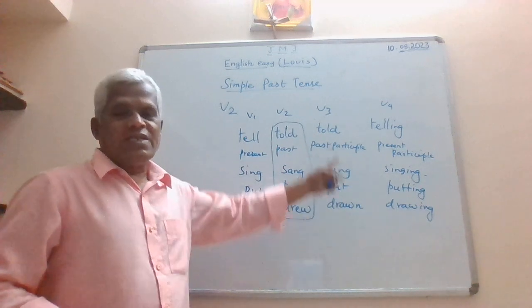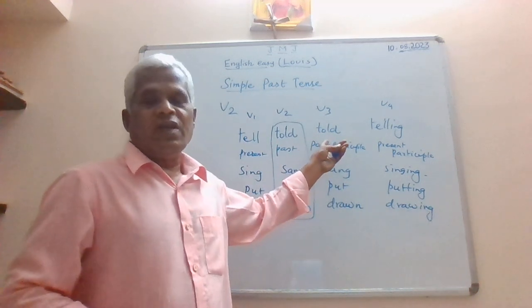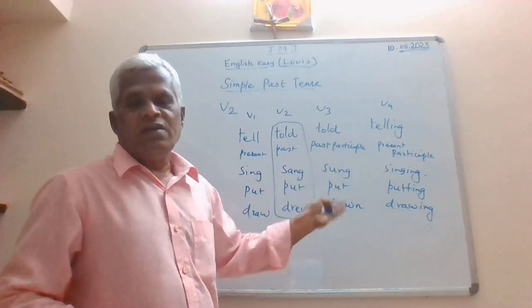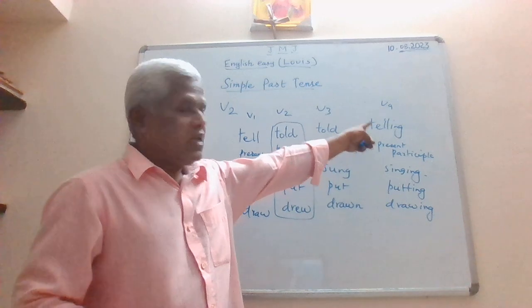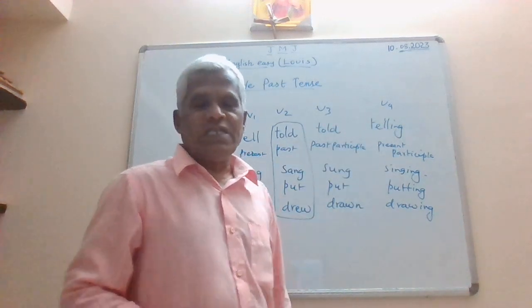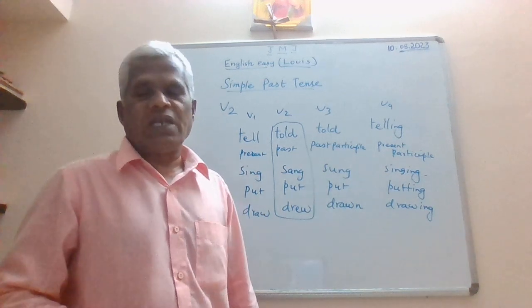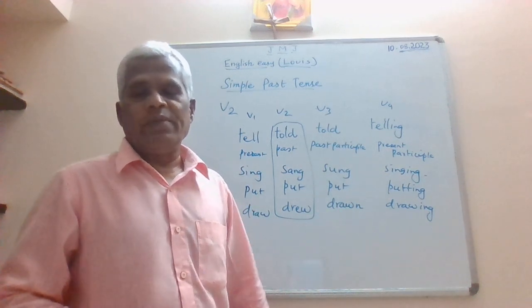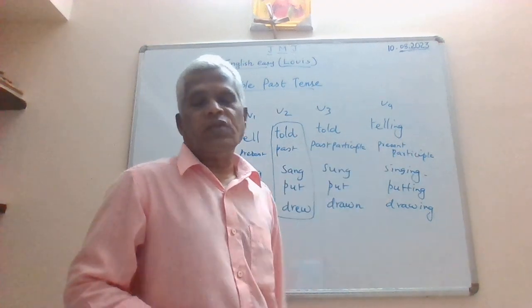And when we were discussing present perfect tense, we said we have to write has or have before the third form of the verb. And when we discussed continuous tenses, we added the be verbs, is, am, or are, and then added ing to the main verb.